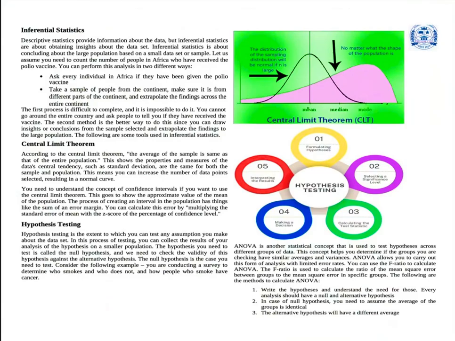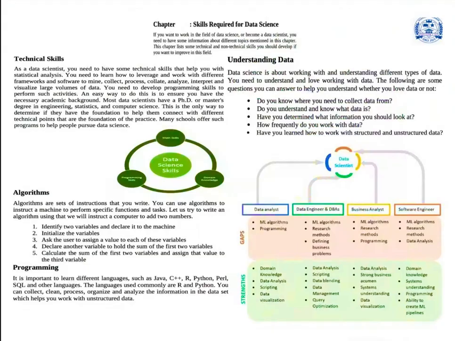Here you need to think about the central limit theorem, hypothesis testing, and then you go for some conclusive predictions. So this is how you can think about statistics. You don't need more than this.